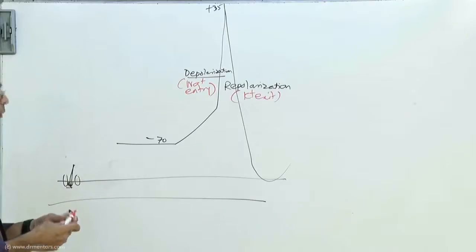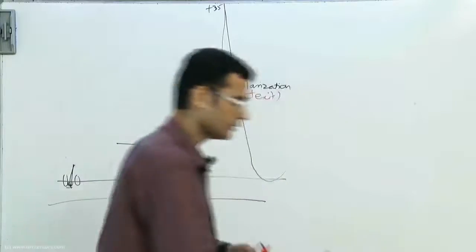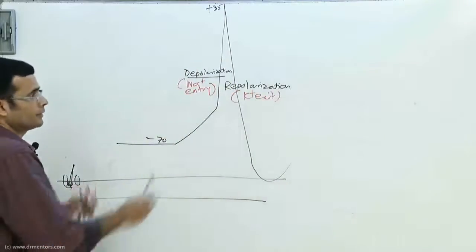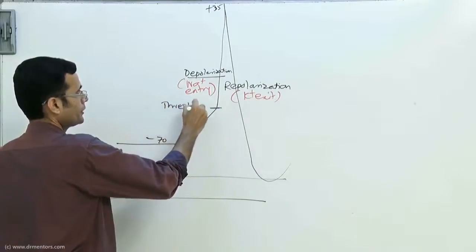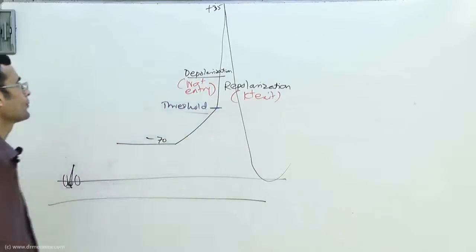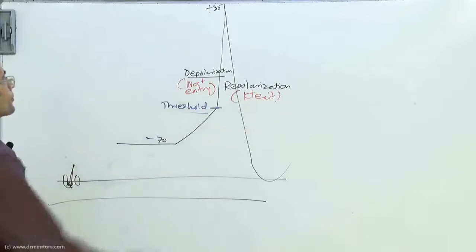Let's see some more changes in this action potential, some details. This point is called threshold. You can see up to threshold the graph is rising slowly and then it shoots up.